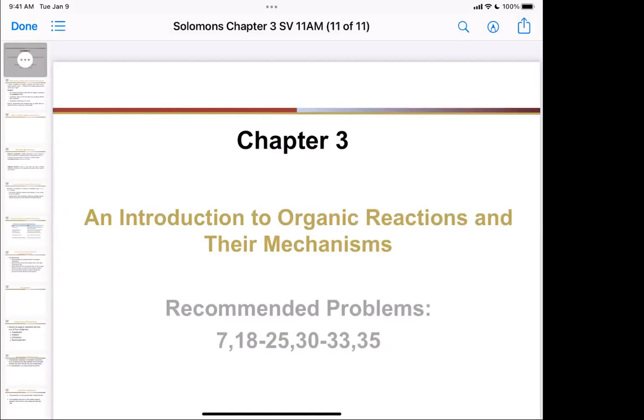Or something with a full negative charge is going to attack something with a full positive charge. So that's number 3. Add a proton. Take away a proton. Attack something that is charged with the opposite charge. Break something apart to form a stable radical or ion. And the last one, number 5, is rearrangement.